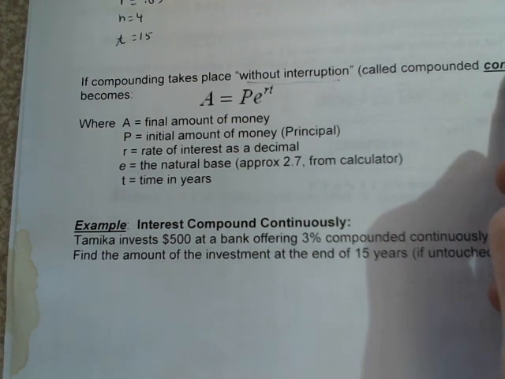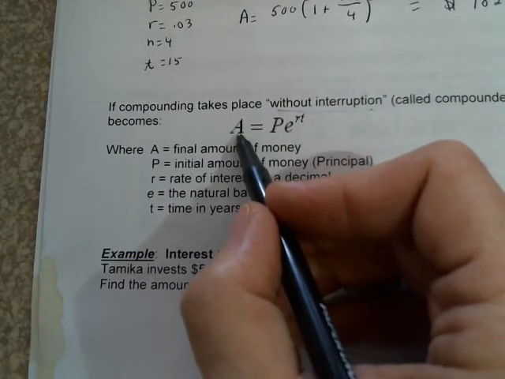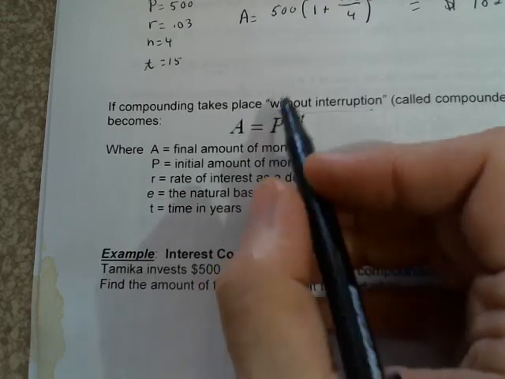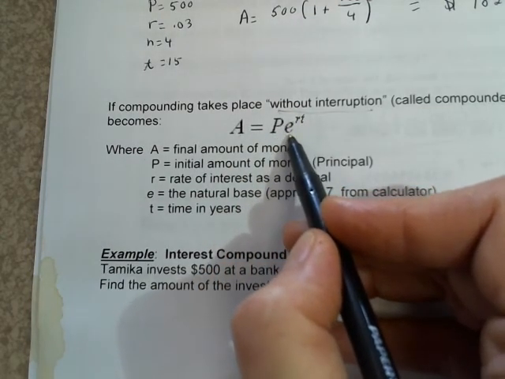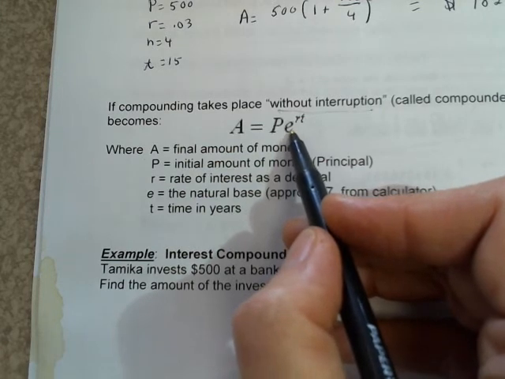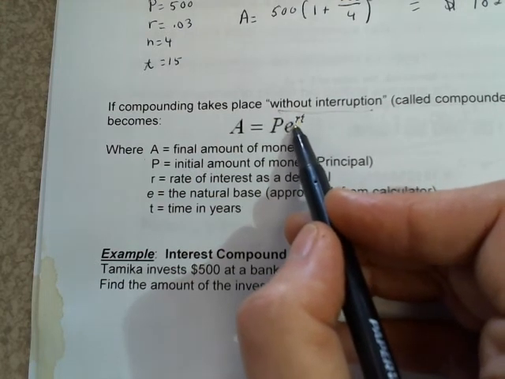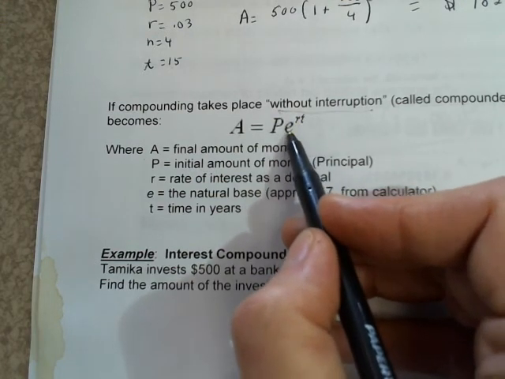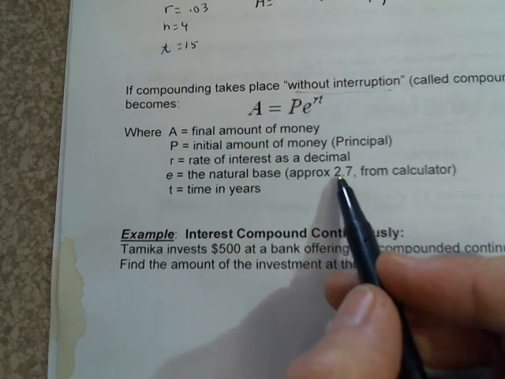So there's another formula that's simpler to use if the interest is compounded continuously. And it goes like this: A is equal to P, just like before. Now this E is the number E we just were introduced to, the 2.7 number, which comes out of the calculator. And R is the rate of interest, and T is time, just like before. So the only new thing here is the number E, the 2.7 from the calculator.